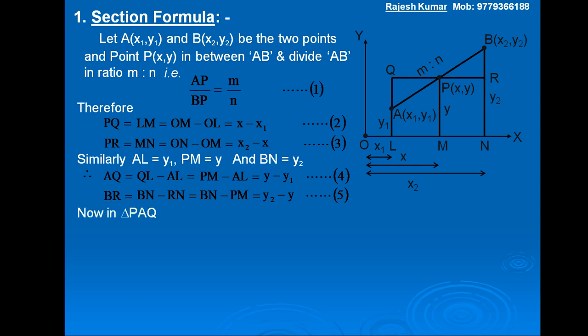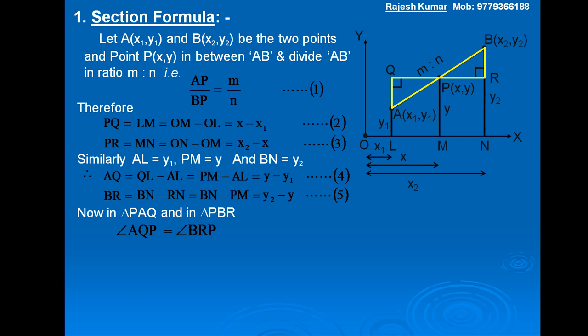Now in triangle PAQ and in triangle PBR, the angle AQP is equal to the angle BRP. The reason is each is equal to 90 degrees.